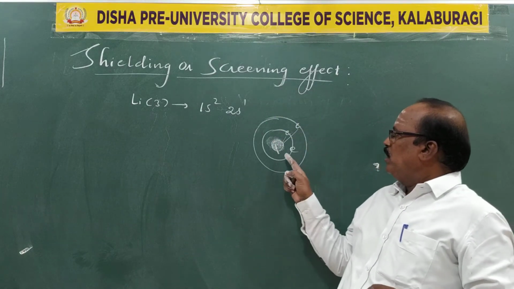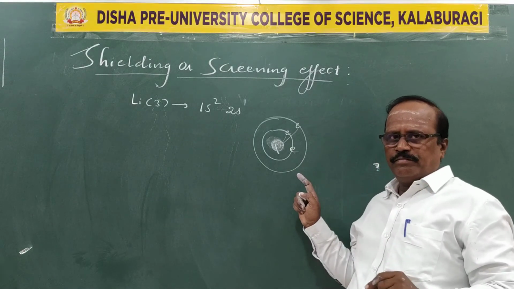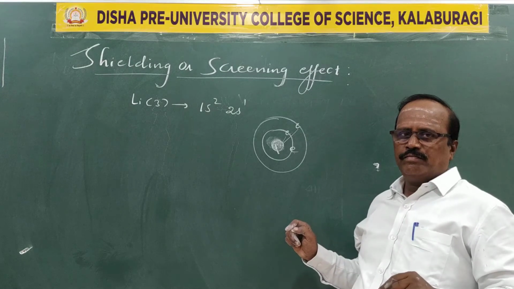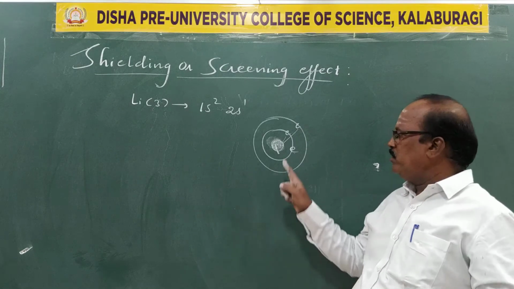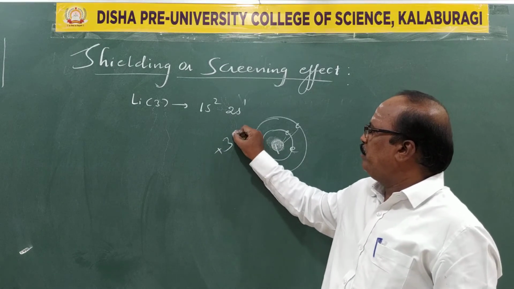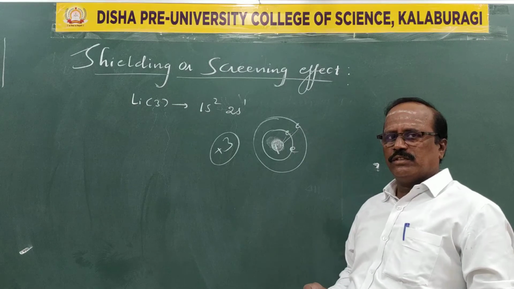You see, these two electrons are in the first orbit of lithium, and in the second orbit there is one more electron. And naturally, atomic number 3 means there are 3 protons, plus is the nuclear charge.